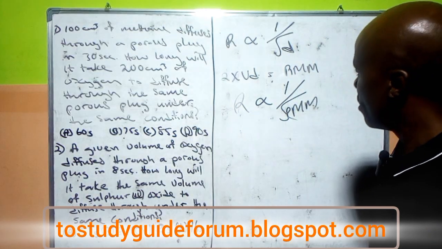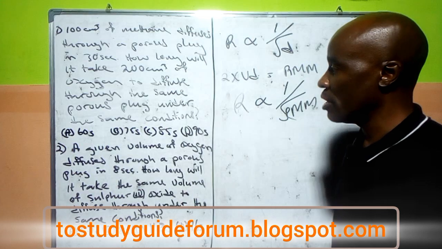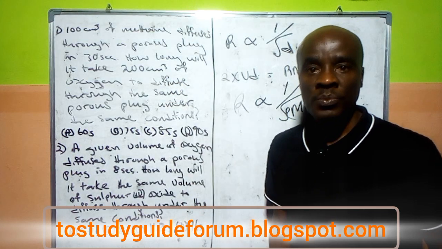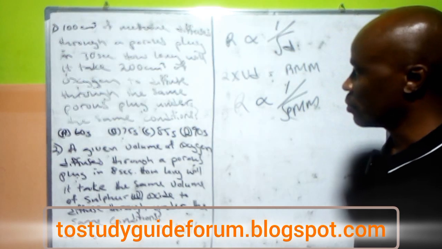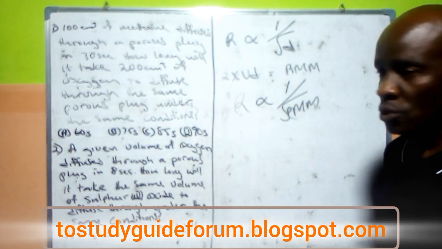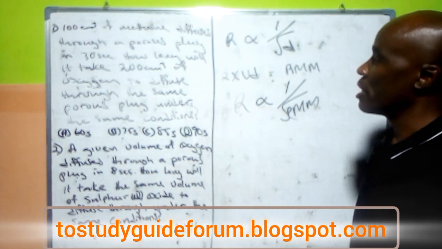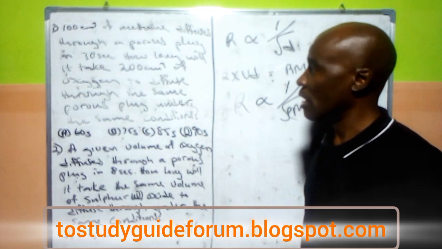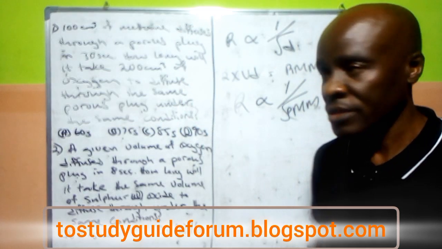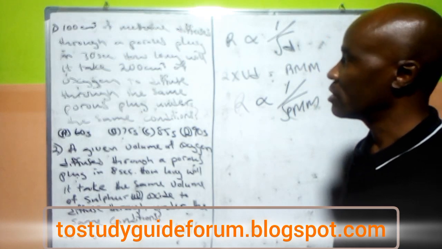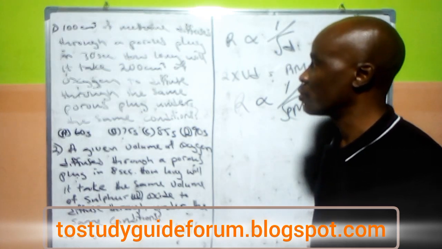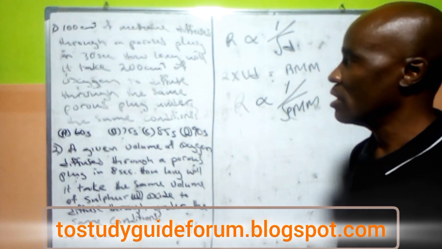If you are here today, we are going to be looking at some questions, and we want to encourage you to keep up with us as we dive through some of the calculations. The first question says that 100 cm cube of methane diffuses through a porous plug in 30 seconds.